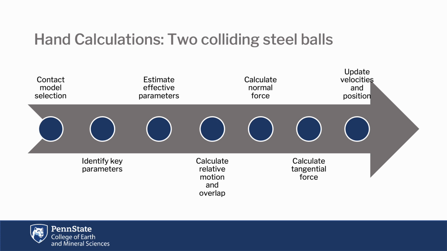Then we calculate the relative motion between the balls in a preset direction, and we calculate the overlap, and then we calculate the normal force. Afterwards we calculate the tangential force, and finally we update the velocity. If we were to do it numerically, after updating the velocity we go over again, but I'm going to skip the model selection because we already know the parameters.